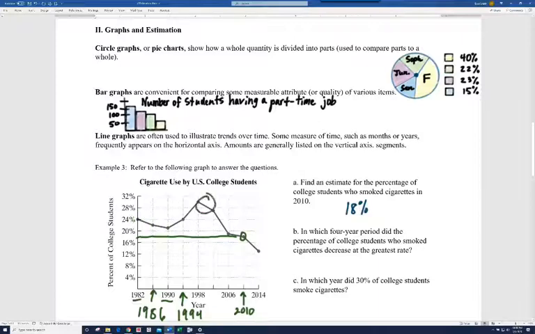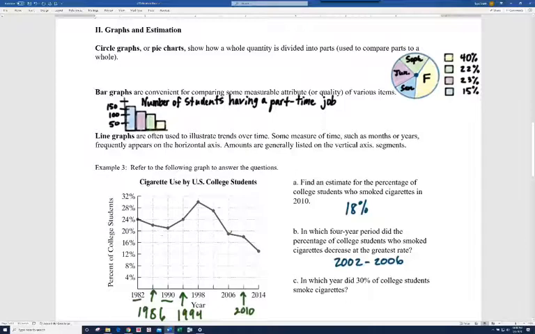Here's another place where it's decreasing. However, wouldn't you say that that's where we have the greatest decrease? And so that's in the years 2002 through 2006. All right, let me erase what I did on the graph here, clean this up a little bit.